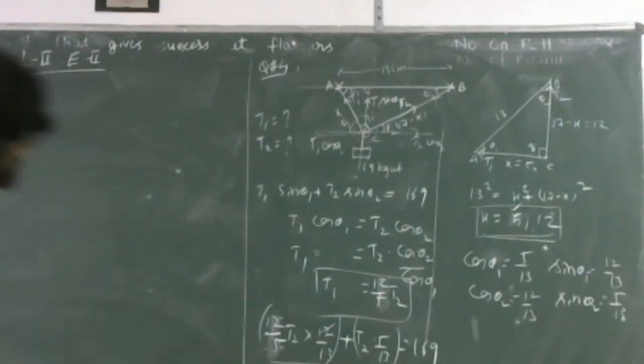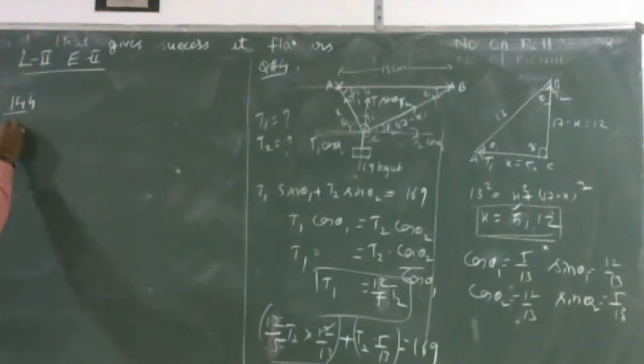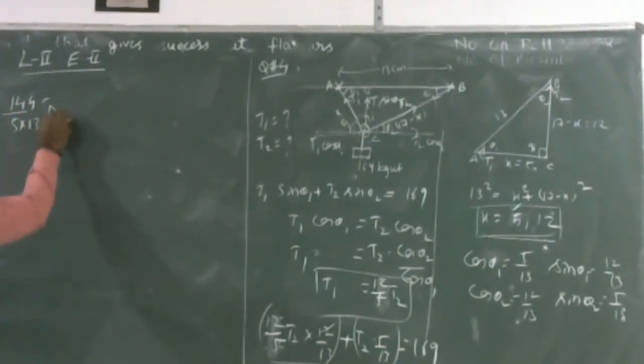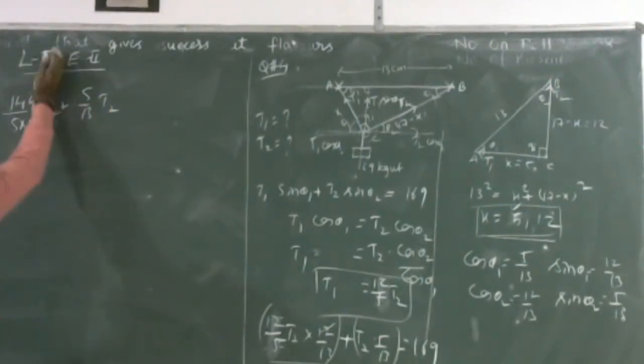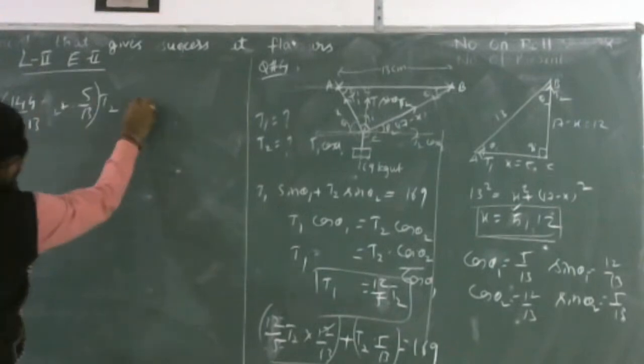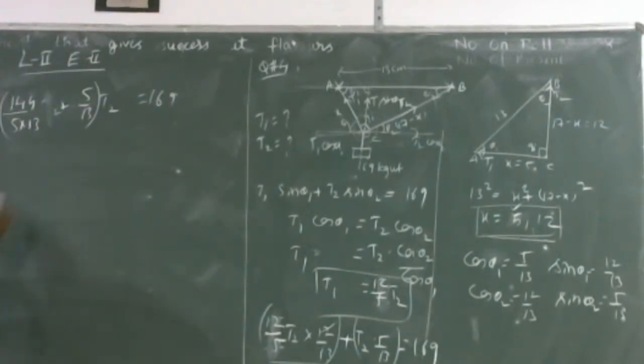Right. What is 12 into 12? 144. 144 by 5 into 13. Write down 5 into 13 only. T2 plus 5 by 13 T2. Take T2 common, equal to 169. So can you take the LCM here? 5 is there, right?